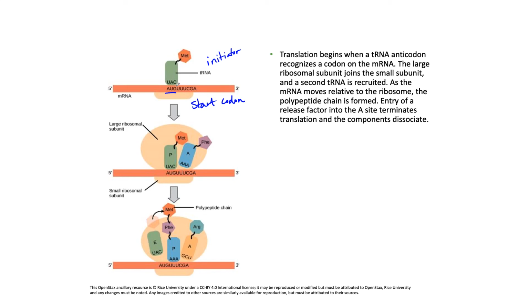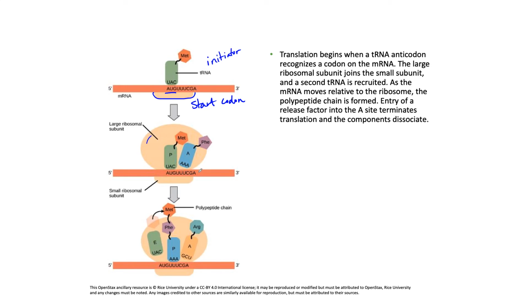And notice that it's complementary to the start codon. And the particular amino acid is methionine. Now, at this point, you see the small ribosomal subunit was there, and then the large ribosomal subunit will join, and at that point we move into the next phase, which is elongation.